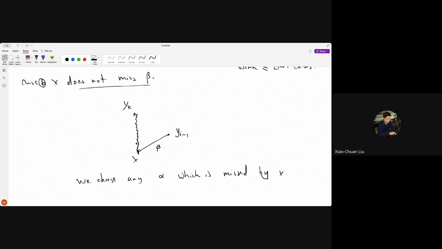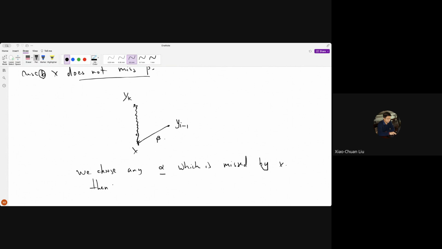Otherwise, you can put that color there, using the arguments we used many times. So you choose any color alpha which is missed by x. Then by a similar argument, we know that y_k does not miss alpha. So we are in the situation of the claim.